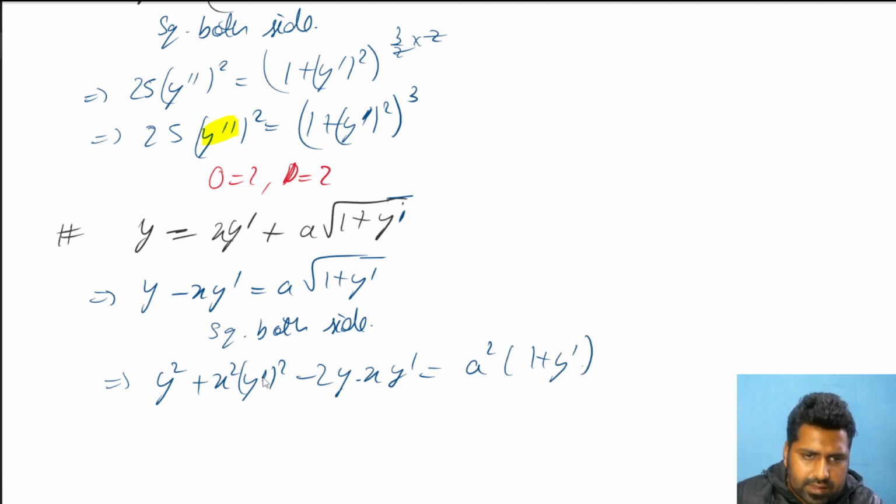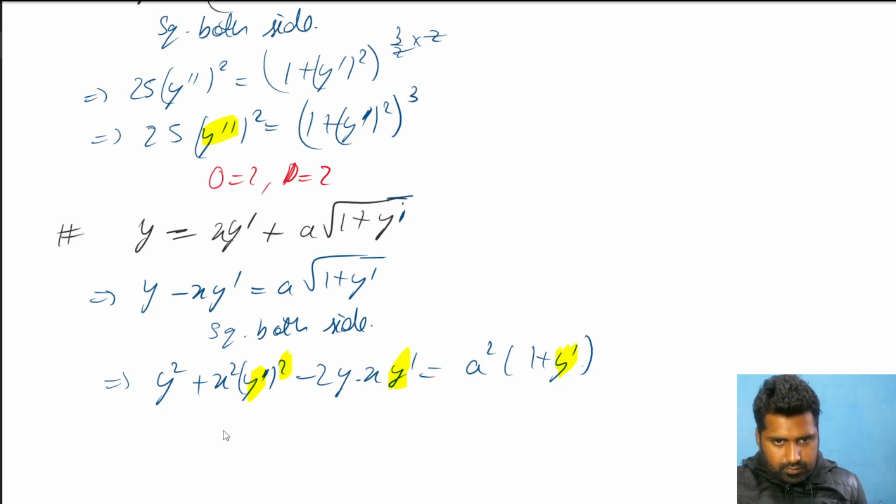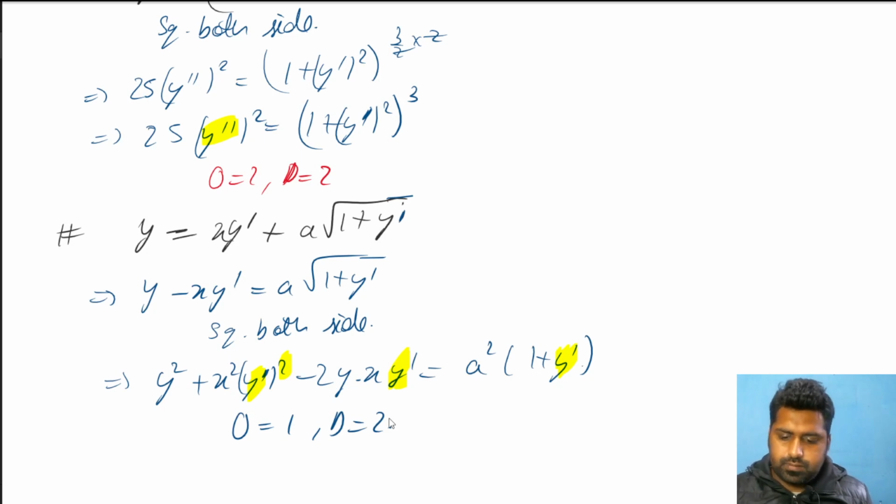And with this, now y dash has positive powers only. What is the highest order? Y dash. That's not a problem. Y dash is here, y dash is here, y dash is here. But what is the highest power? That's 2. Okay. So order is 1, degree is 2 for this question. All right.